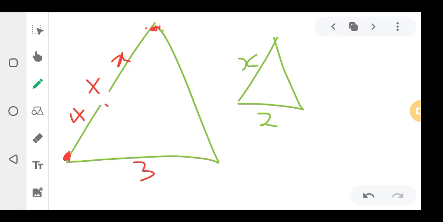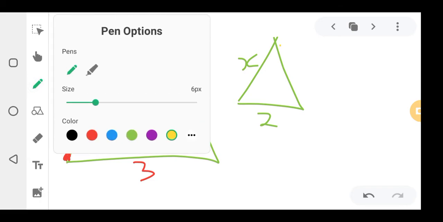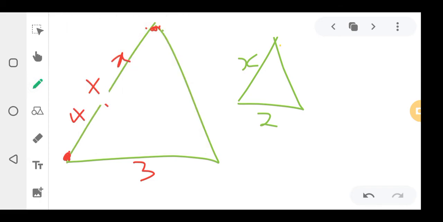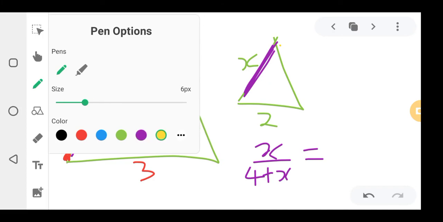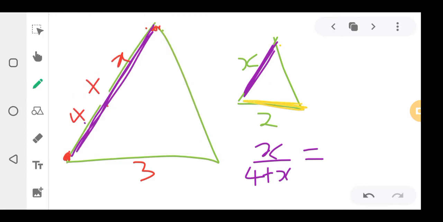So, slant height, we form the equation now. Slant height is what here? X. So say x over the slant height this side. What is the slant height this side? It is 4 plus x. So x over 4 plus x is equal to. And then the down distance is what? 2.